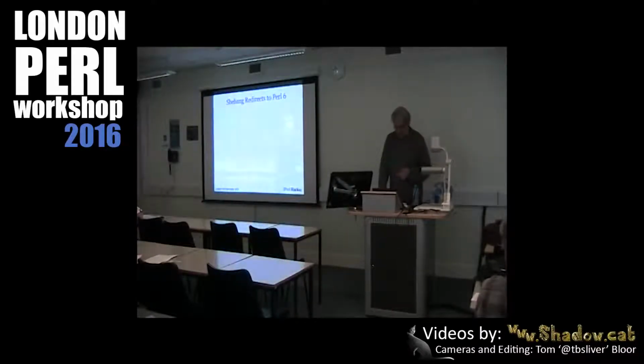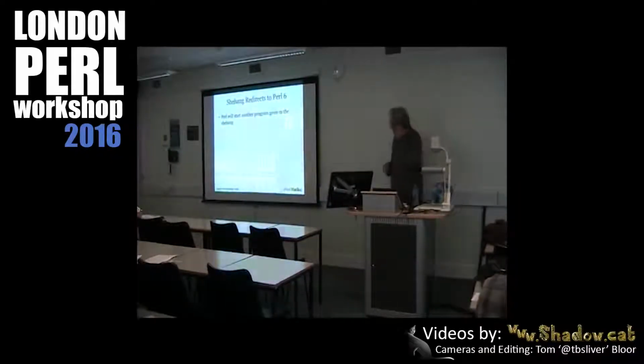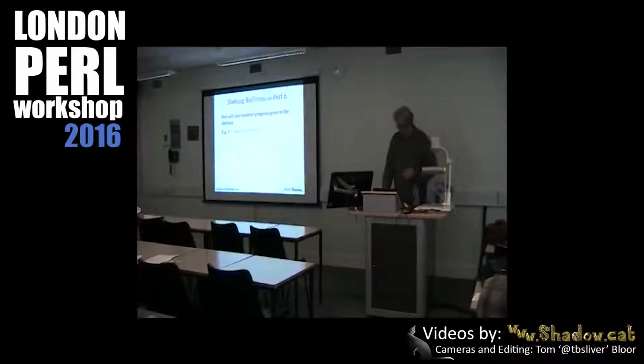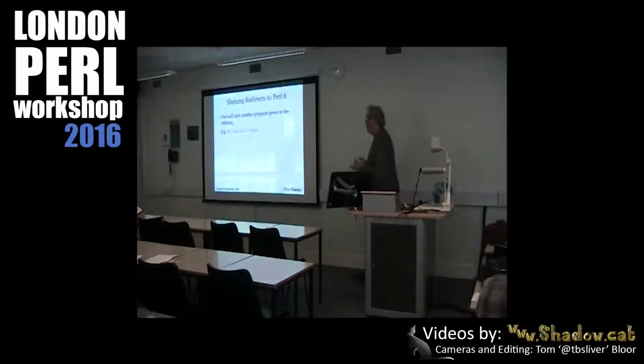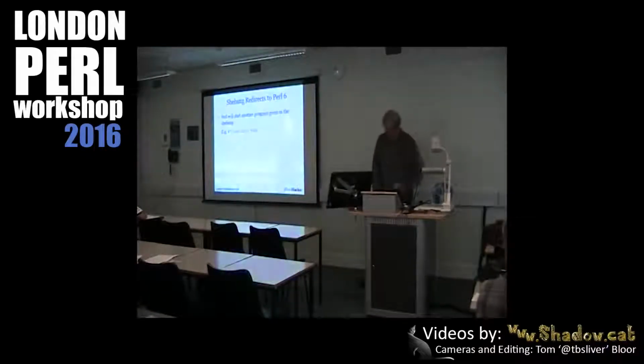The shebang redirects to Perl 6. So if you put a shebang in your Perl code, which obviously most of us do, and if that shebang line includes a program that isn't Perl, then Perl will say, okay, I'm going to forward it on and call the other program in the shebang line. So if you try to run a program that starts, usually in Ruby, with Perl, it will run because Perl says, no, this is Ruby code, off you go, and passes it over to Ruby.